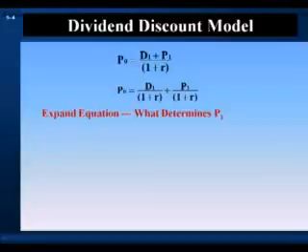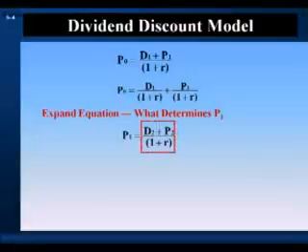Now let's expand the equation by asking what determines P1, the stock price at year 1. The buyer of the stock at year 1 will look over his investment period at the dividend he'll receive in year 2 and the terminal price he'll receive at the end of year 2.